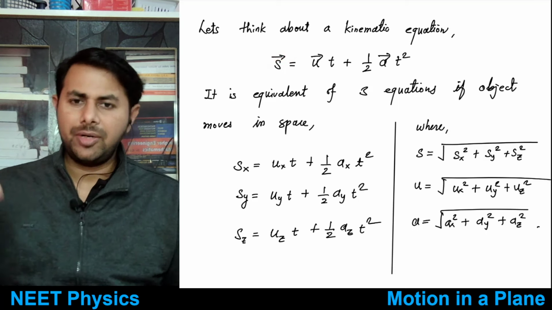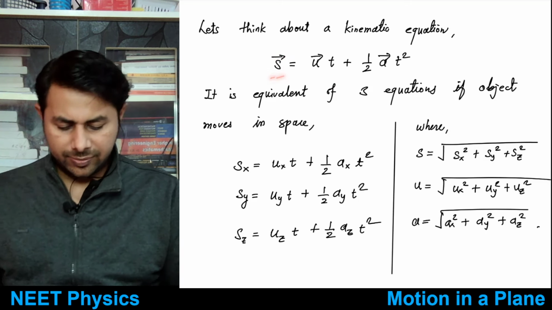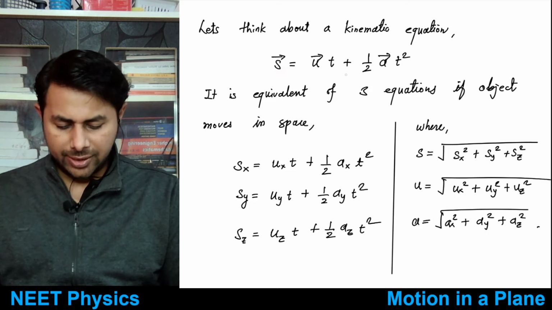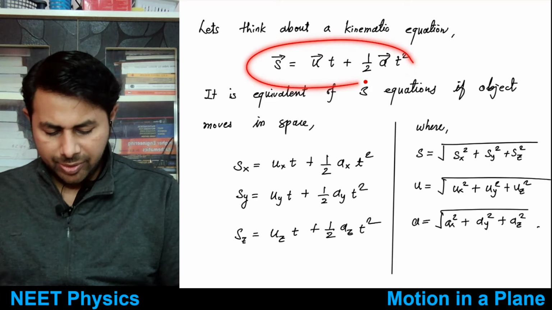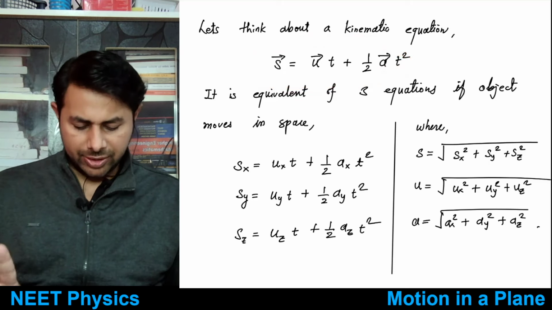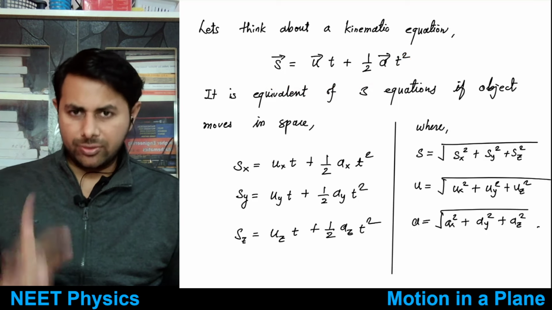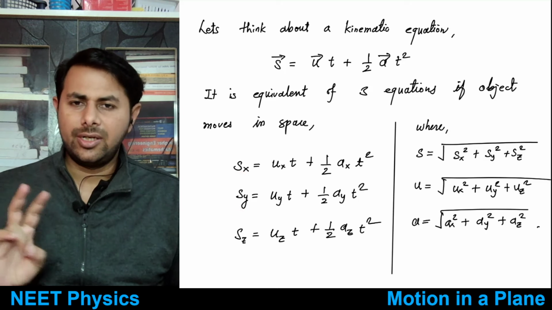But if the object is moving in two dimensions, then you need to say s bar is equal to u bar into t plus half of a bar into t square. Again, this equation can be broken into two equations. Which two equations? If the object is moving in two dimensions, you will say sx and sy are the displacements in two directions.